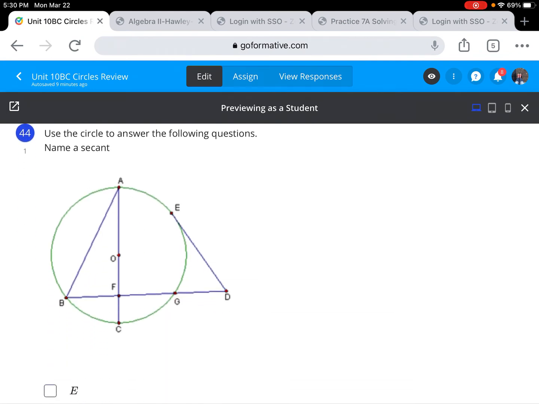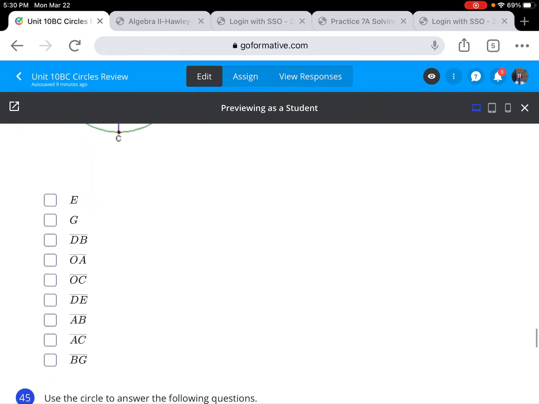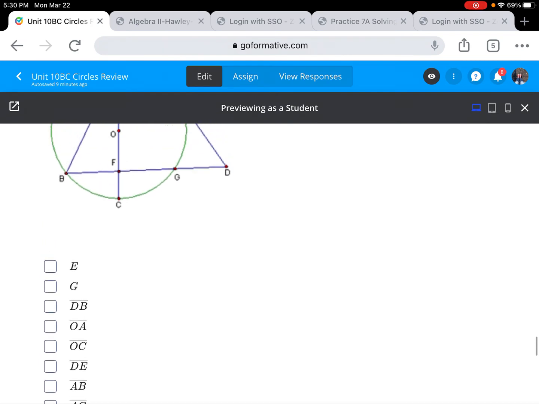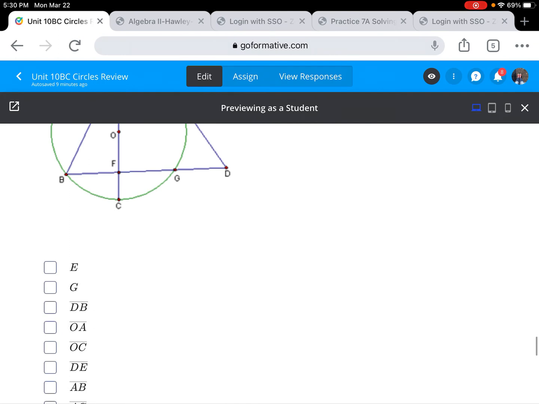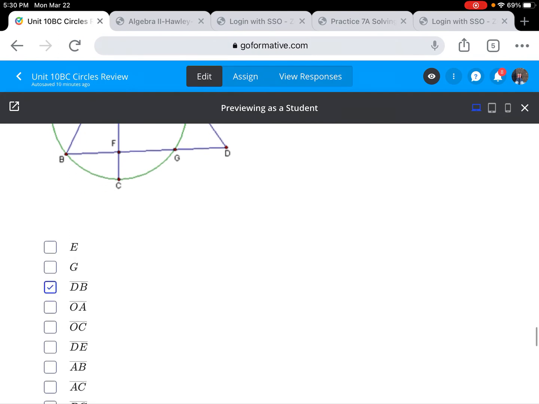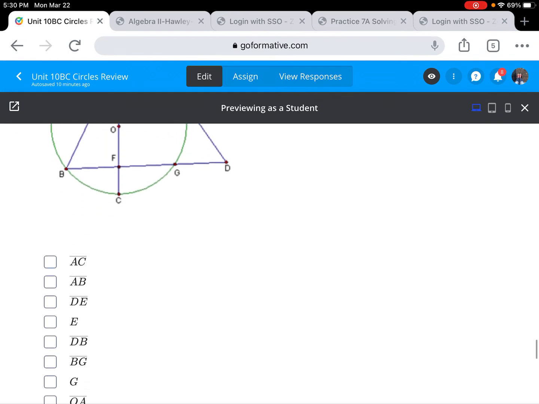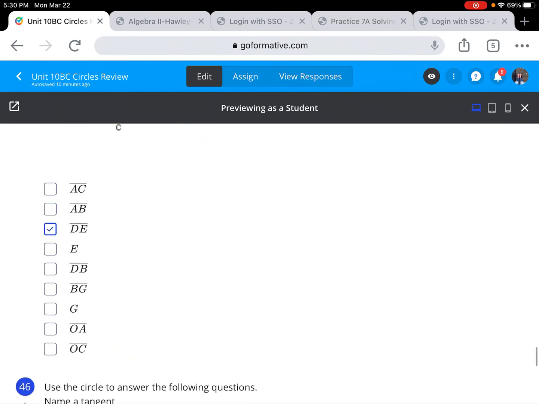Name a secant, it has to go through the circle, so BD or BG, DB, because it has to go through the circle. Otherwise, it's a chord. Name a tangent. DE is a tangent. I repeated this one.